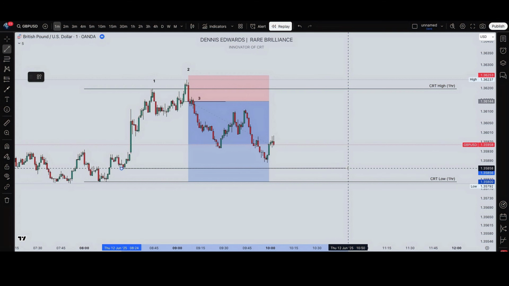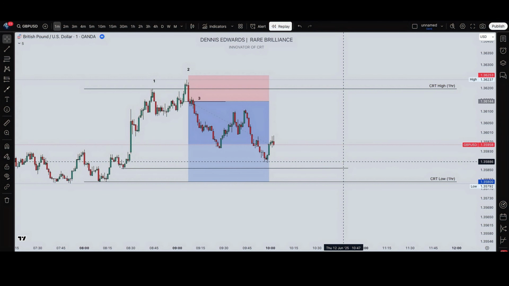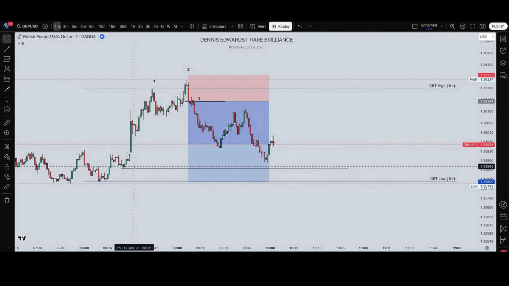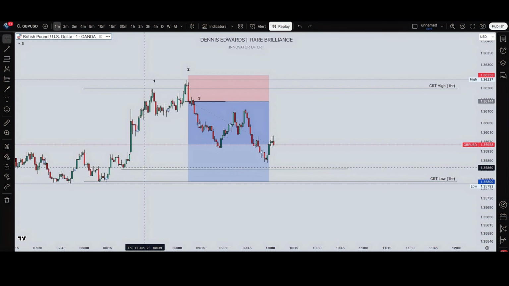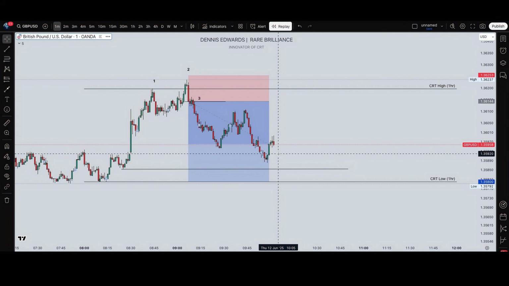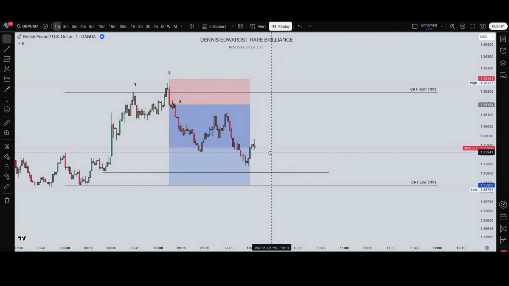So the next area that I want to see price come into at least is this area of accumulation, this liquidity here, and let's see if the market taps into it or not. Or if it begins to form a type of higher low or double bottom within this area, then we want to exit our trade.